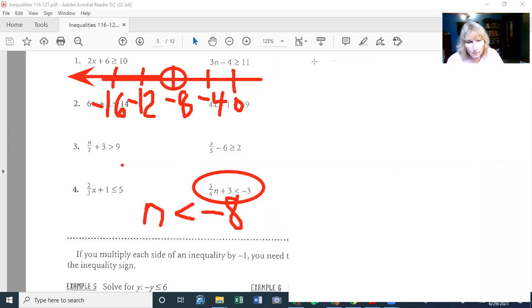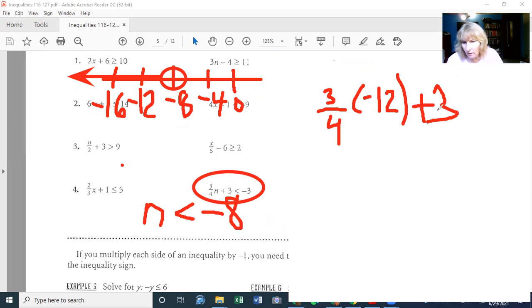So let's test it. Let's plug a value that should work into our equation. So let's try -12. So 3/4 times, we're going to fill -12 in for n, plus 3 is less than -3.